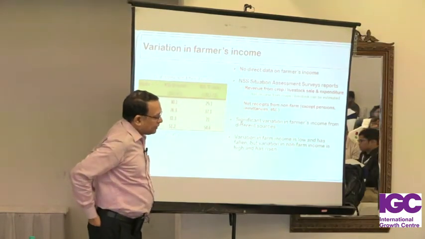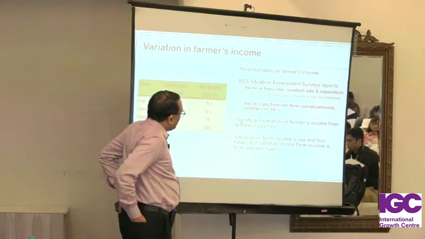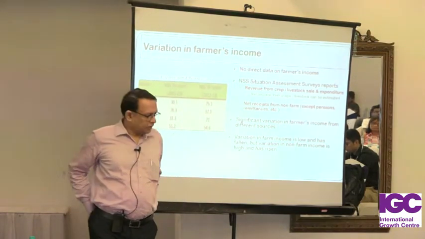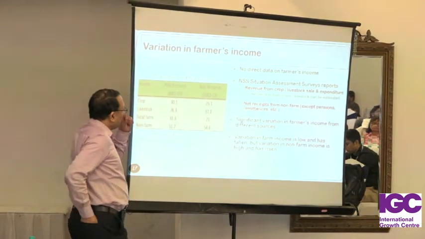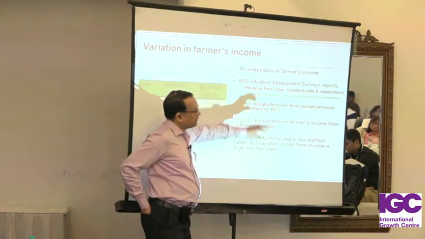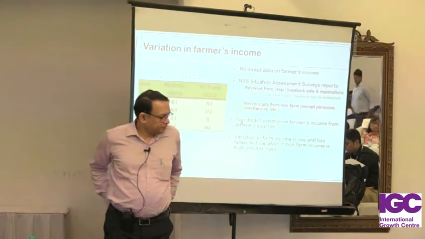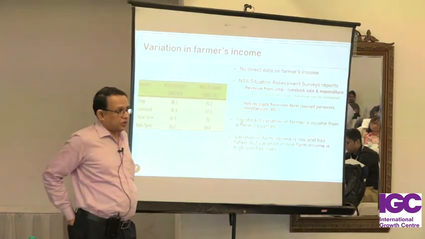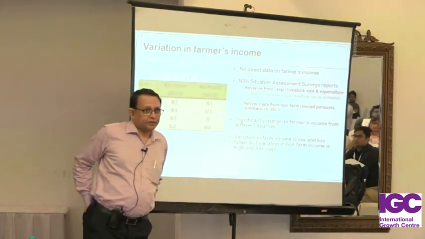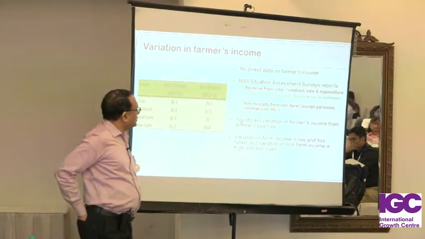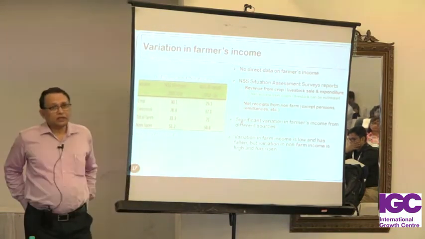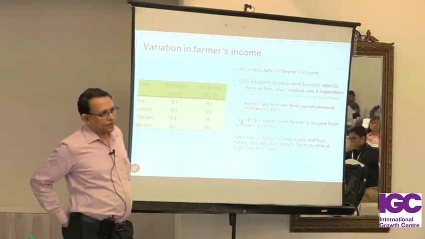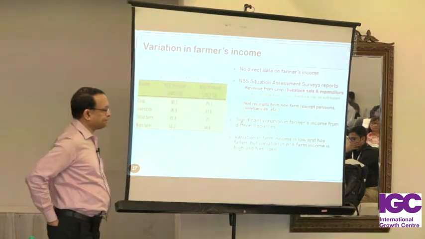So the best that one can do is to look at the NSS situation assessment rounds, because what it reports is the revenue from crop and livestock output, and they also give the expenditure that the farm households incur on crop and livestock. So one can actually work out the net income from crop and livestock. So it is basically the returns to farming that one can work out.